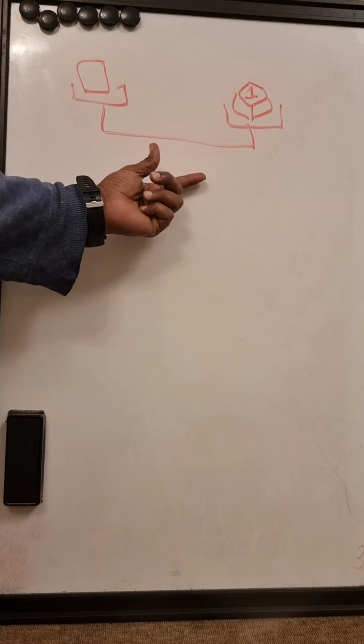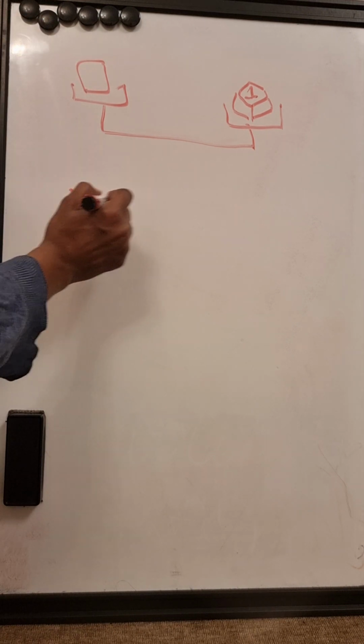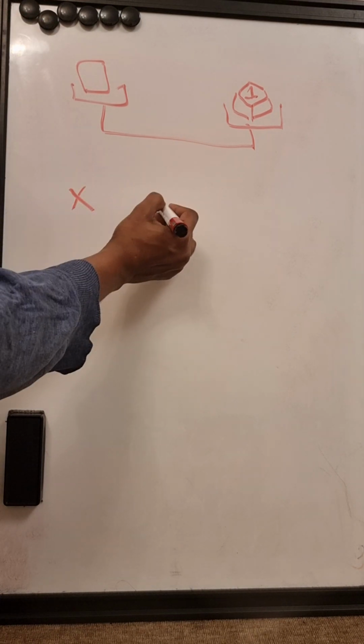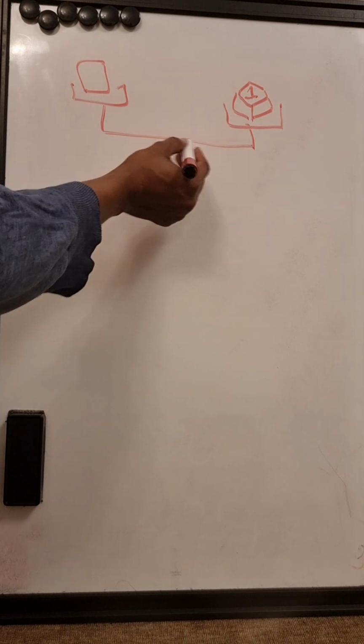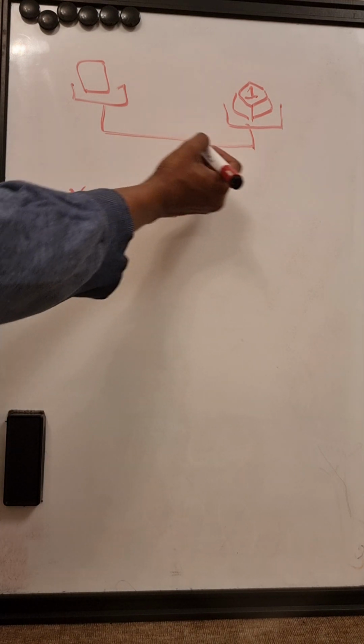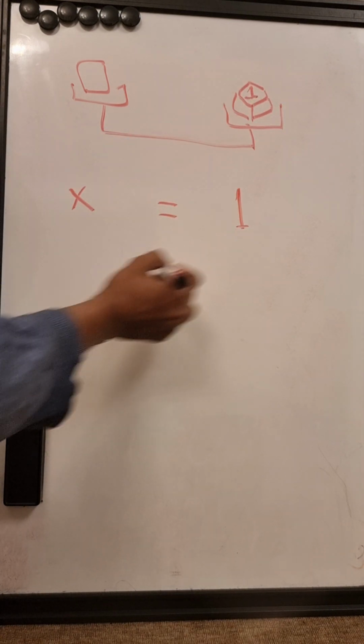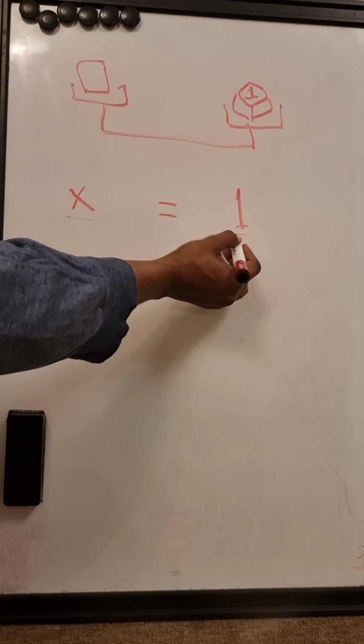Suppose that the bag of sugar weighs X kilo and things are balanced, so equal. It's not greater than, it's not less than, it's equal because things are balanced, and the right hand side weighs 1. That means X equals 1 kilo.